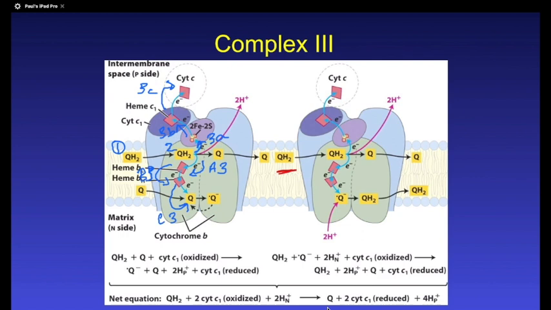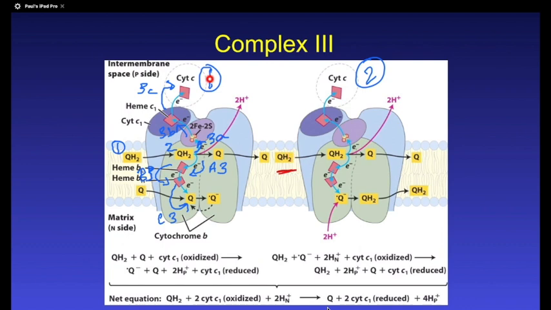So what happens is, net, I have 2 QH2s coming in, and 1 QH2 regenerated. I also have now 1 cytochrome C taking 1 electron away and 2 cytochrome Cs taking the second electron away. So I bring in 4 electrons, 2 and then 4.